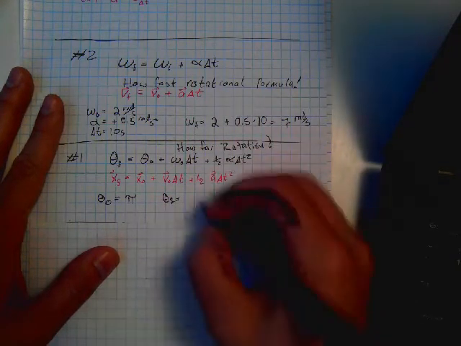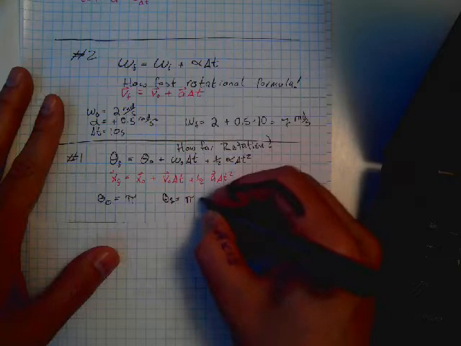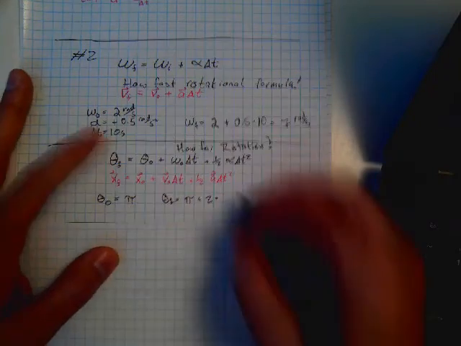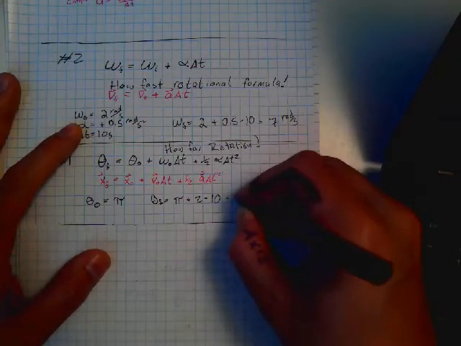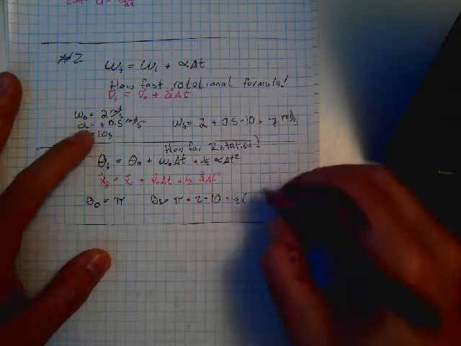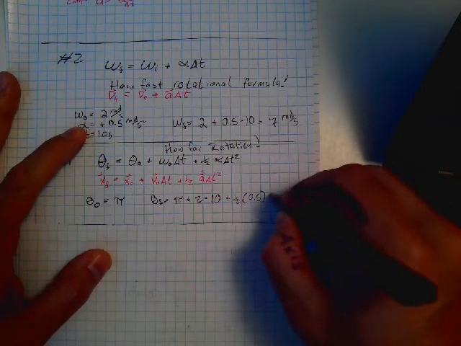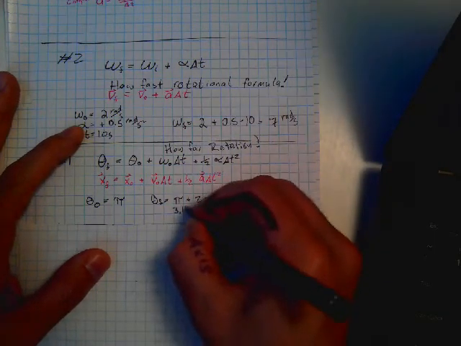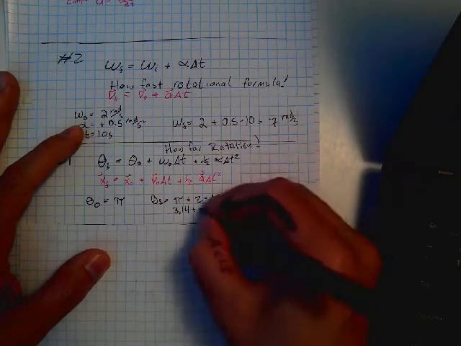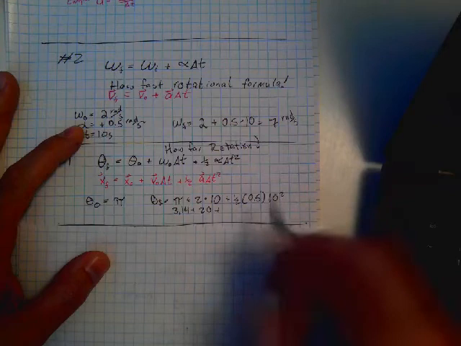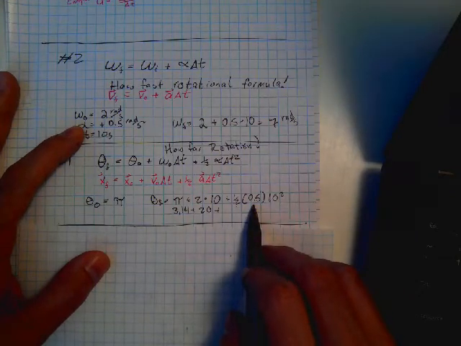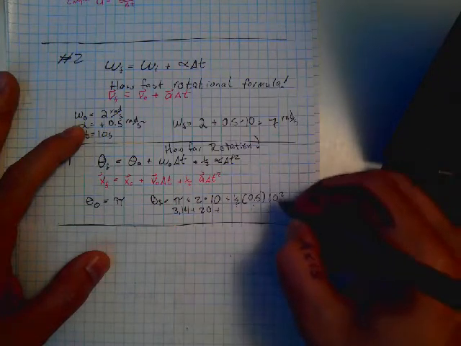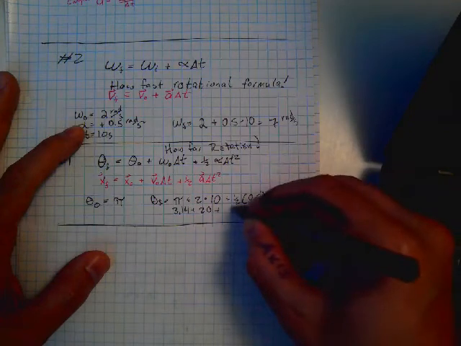So if my initial position is pi, just for fun, we could figure out what our final position is. Our final position would be theta naught plus omega naught, which was 2, times the time of 10 seconds, plus 1/2 our angular acceleration, which was 0.5, times 10 seconds squared. So pi is 3.14, plus 2 times 10 is 20, plus 1/2 times 0.5 is 0.25, and 10 squared is 100, so that's 25 total.